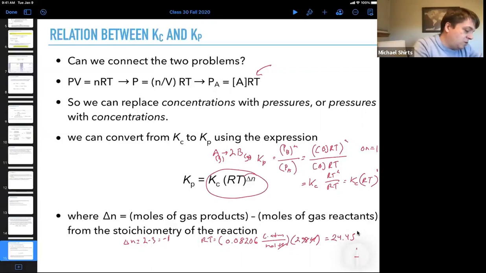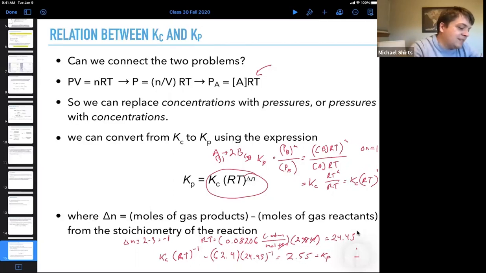And so we would get that Kp should be Kc times RT to the minus 1, because that's what the change in moles of gas is, which would be, from the last slide, 62.4 times 24.45 to the minus 1 equals 2.55, which is Kp, right? That's exactly what we had. I guess we had 2.56, but there's obviously some rounding going on here. It's only accurate up to 3 digits. So we only have 3 significant digits.